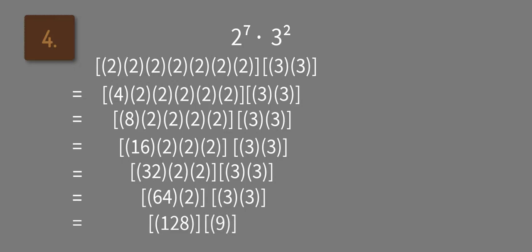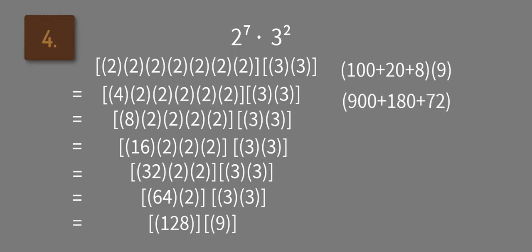And now we can kind of break this up. That's the same thing as 100 plus 20 plus 8 times 9, which is the same thing as 9 times 100 is 900 plus 9 times 20 is 180. 9 times 8 is 72.